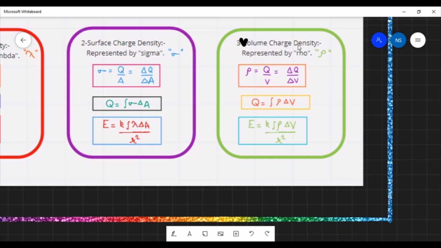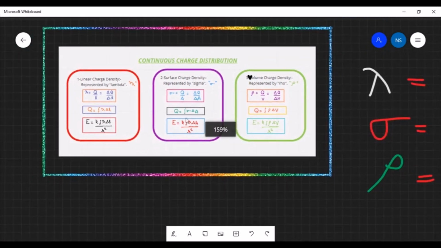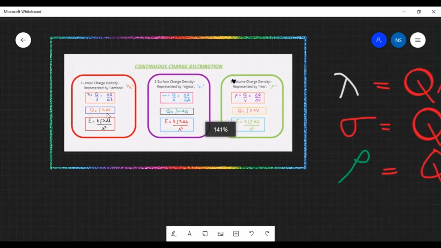There is volume charge density also, which is represented by rho, so rho is equal to Q by V, that is volume. And from that we can get the charge value, that is Q is equal to the integration of rho times delta V. These formulas are quite important when we are doing applications of Gauss law. So it is very easy to remember and to understand.